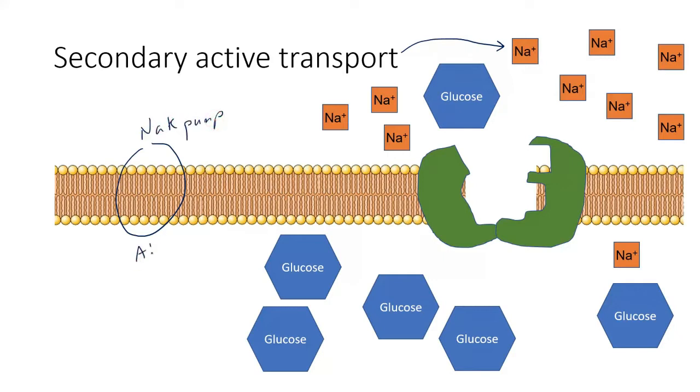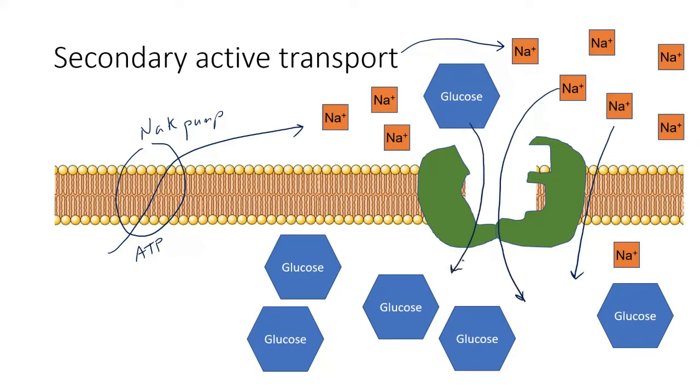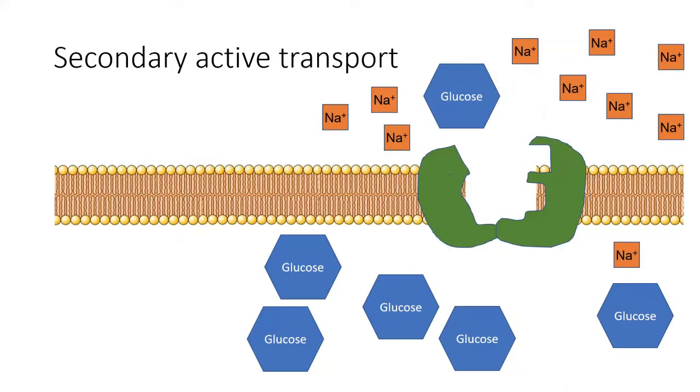And remember, it uses ATP from the cell to pump sodium out, 3 sodiums out for every 2 potassiums in, but all we really care about here is the sodium. So now we have a concentration gradient. Sodium wants to move into the cell. In a way, this is kind of like facilitated diffusion of sodium into the cell with a hitchhiker, glucose. But let's call it by the more proper name, secondary active transport.